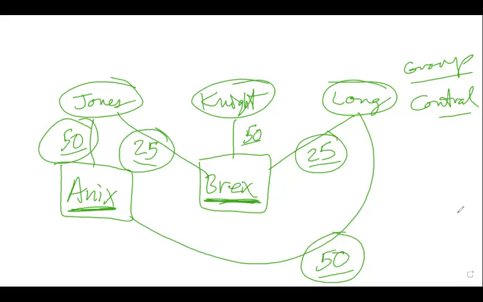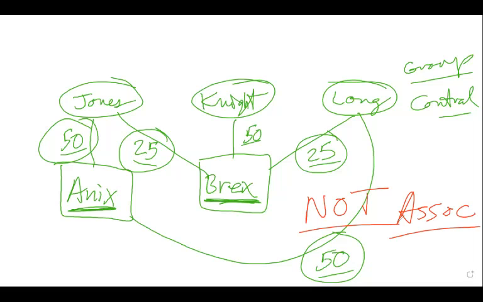So in this one, although it looks like there might be something going on, we've got nothing going on here. You could have a question where you evaluate it and your answer is these companies are not associated. So that is the result of this one: not associated.